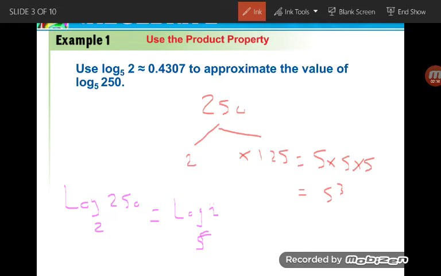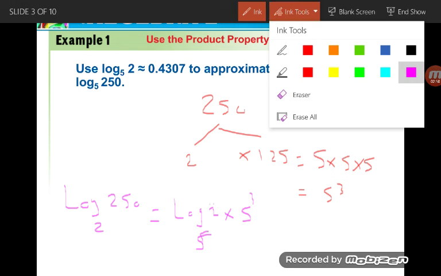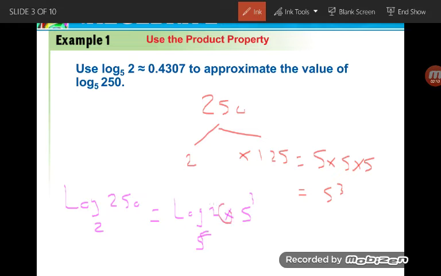As we explained in the previous property, you can convert the multiplication to addition. So this sign you can change to addition, and it will be equal to log 2 base 5 plus log 5 to the power of 3 base 5.